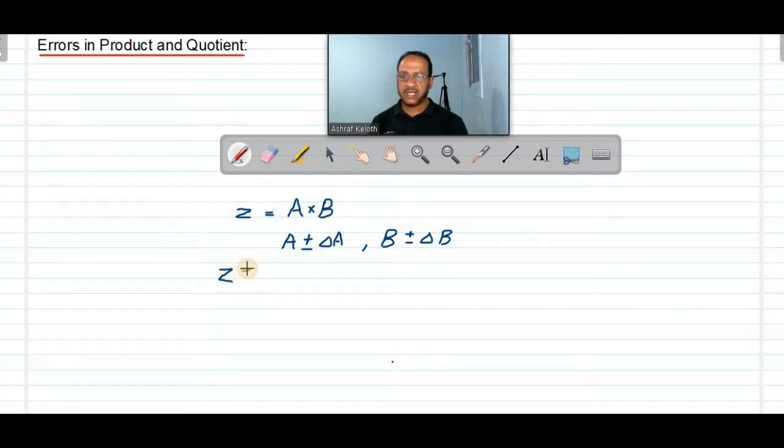Then Z plus or minus delta Z is the measured value of the physical quantity, in which delta Z is the error.